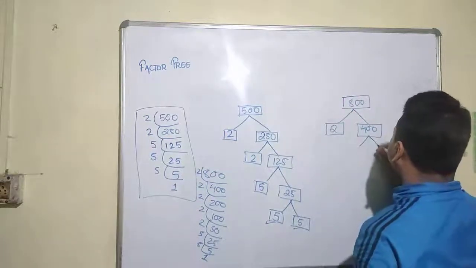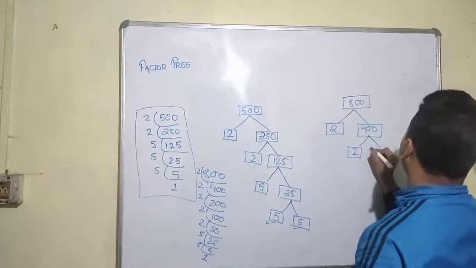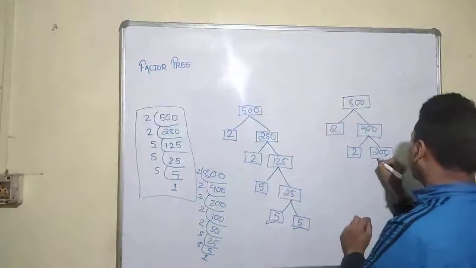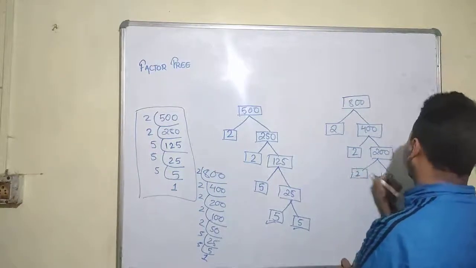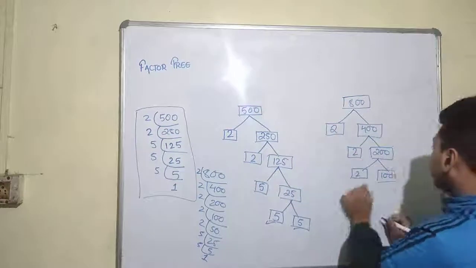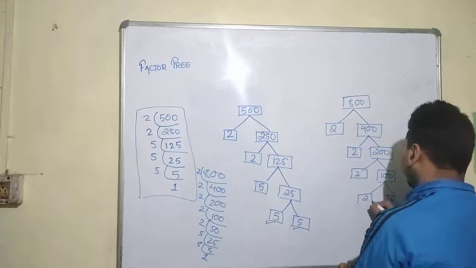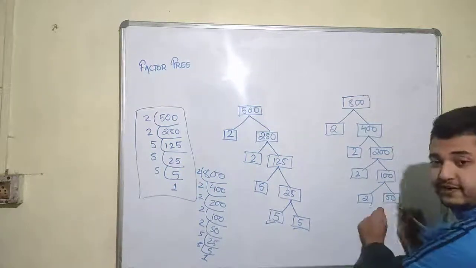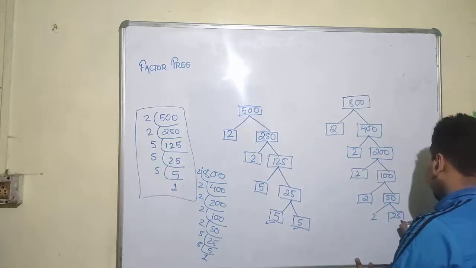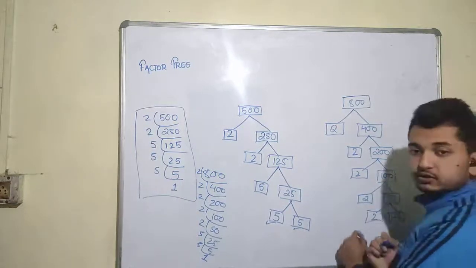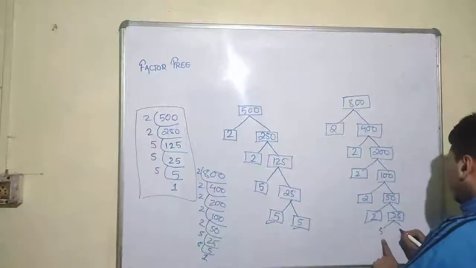Now 400 can be expressed as 2 into 200. 200 can be expressed as 2 into 100, and 100 can be expressed as 2 into 50. 50 can be expressed as 2 into 25. Now 25 can be expressed as 5 into 5.